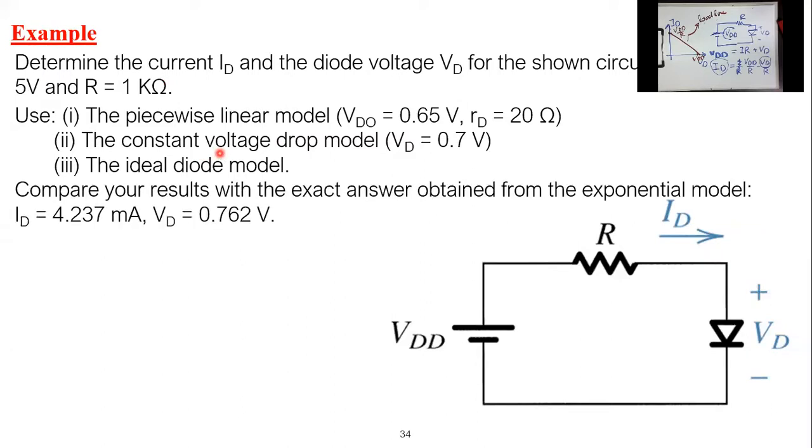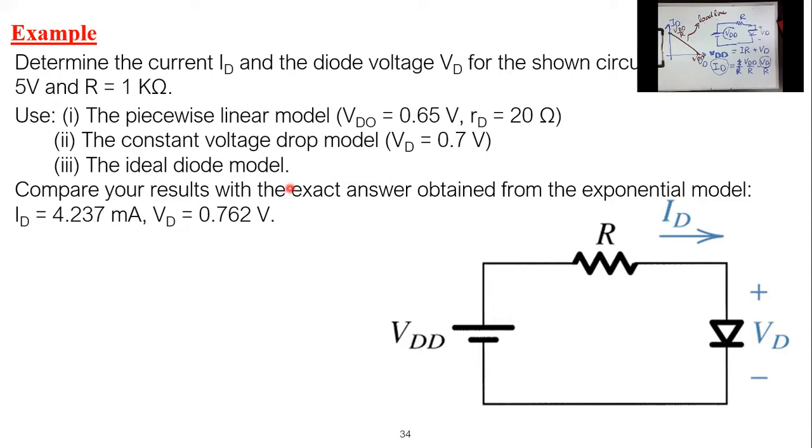And I told you that the exact values, if you do this experiment in the lab and measure the voltage and the current, are: the current will be 4.237 milliamperes, and the voltage will be 0.762 volts. So what we are going to do now, my dear students, is solve this circuit 3 times. Each time, we will consider a different model for the diode.